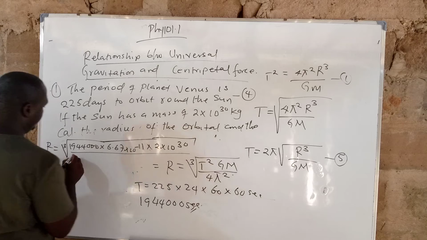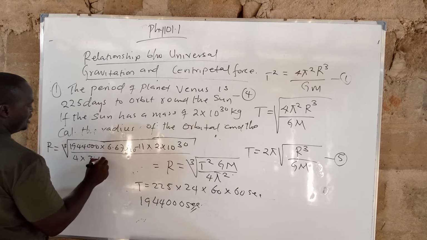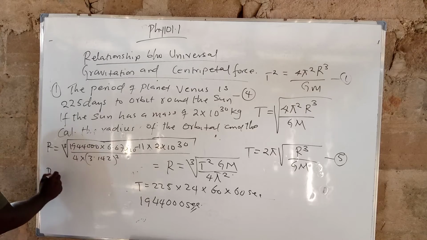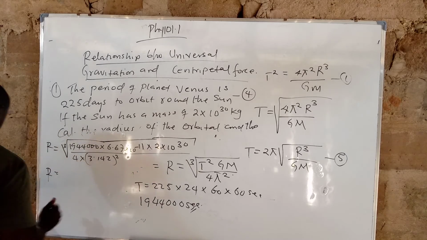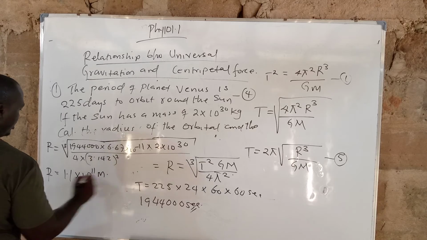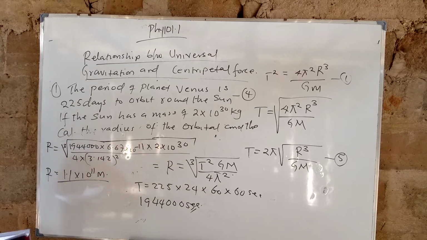Divide everything by 4 times 3.142 all squared. And so if you take the cube root, the radius should be 1.1 times 10 raised to the power of 11. Remember, radius is measured in meters, right?